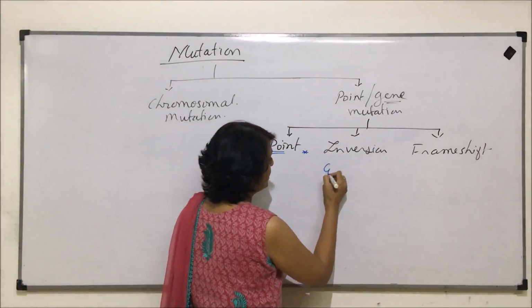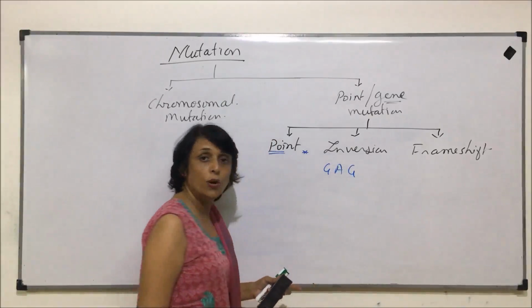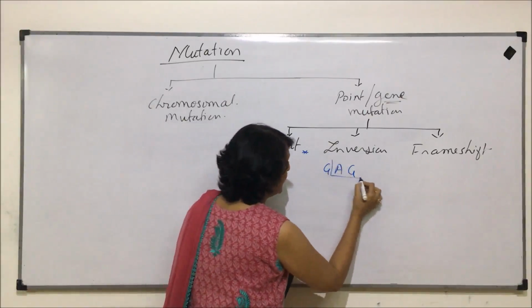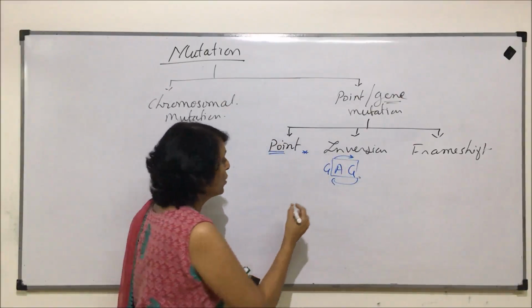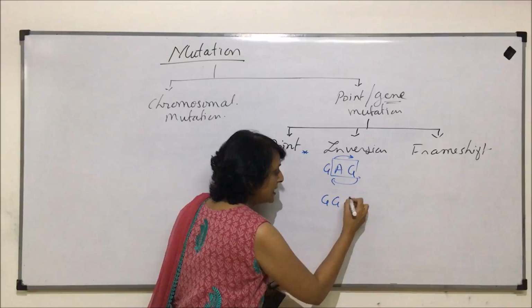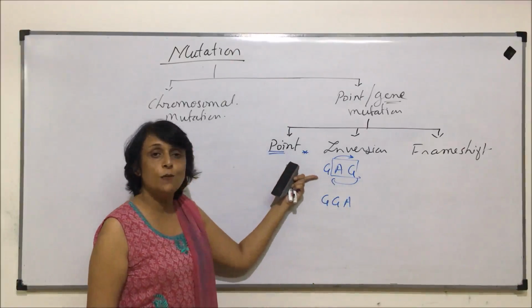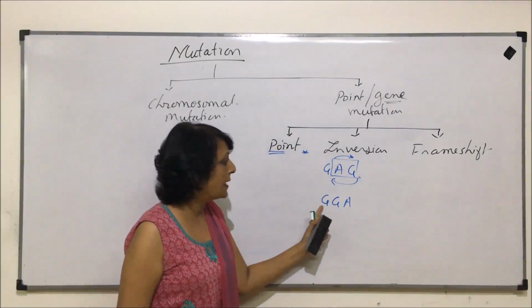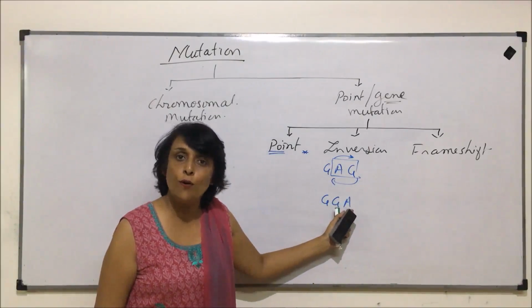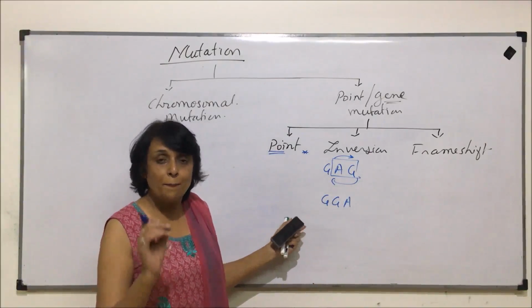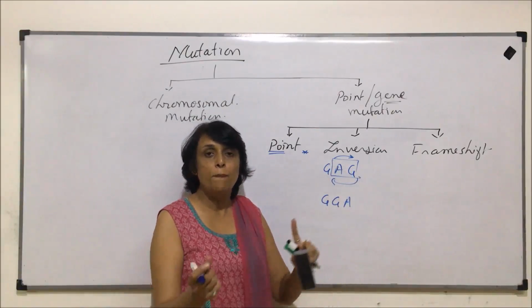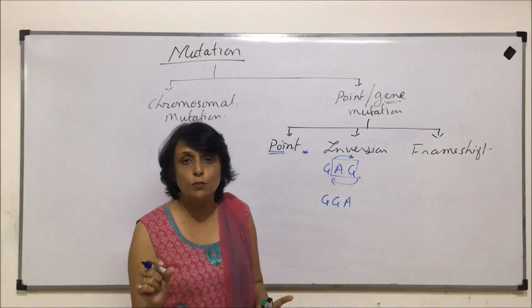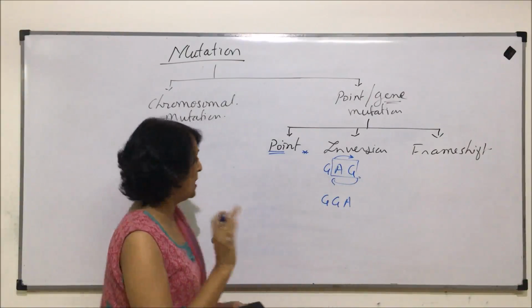Again, if we say GAG is a code, and if these two get flipped by 180, the code will be GGA. So GAG was coding for one amino acid, and GGA obviously is going to code for another amino acid.